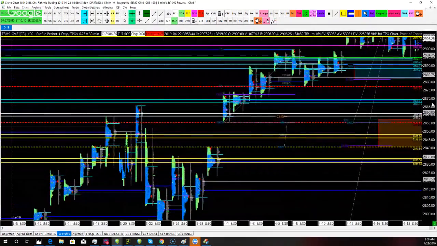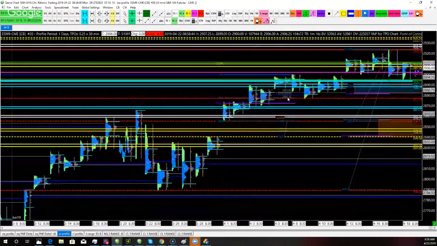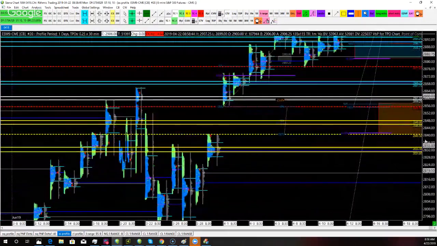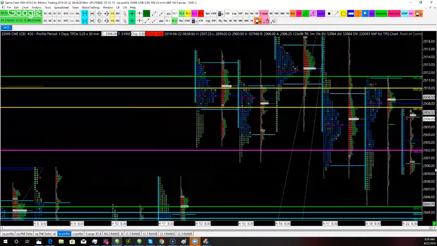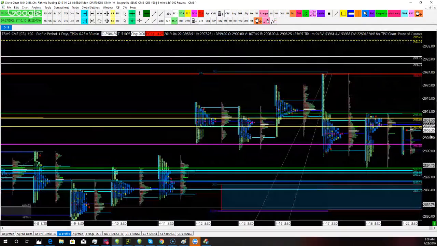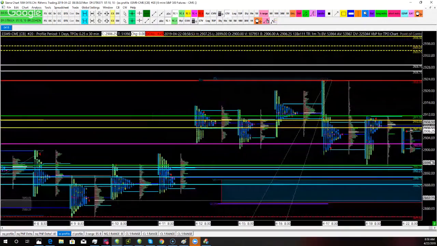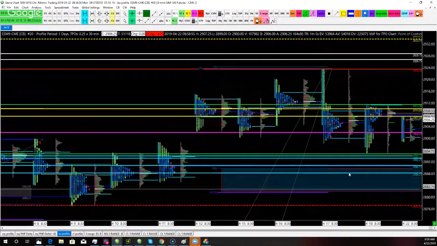ES. Notice we are one time into the upside. The most important things on this chart to note: this is the 50 retrace, right? This area starting at 2890, all the way back to about 2882.